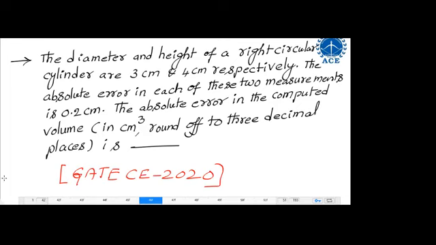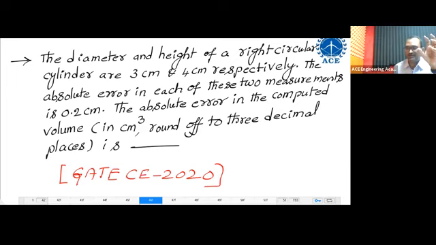Remember, diameter of the right circular cylinder is 3 centimeters. Height of the right circular cylinder is 4 centimeters. The absolute error in each of these two measurements is 0.2 centimeters.